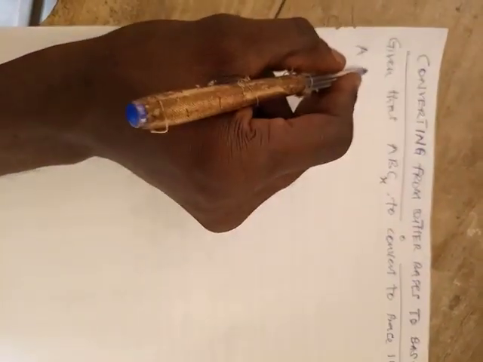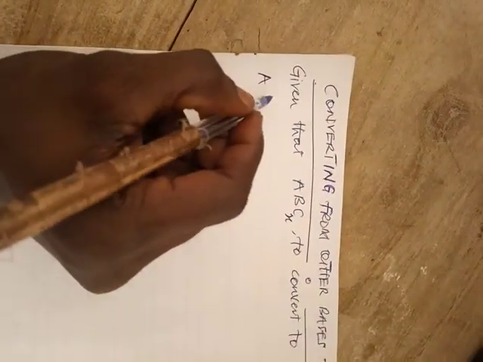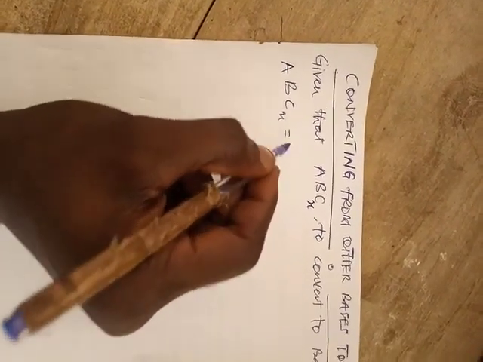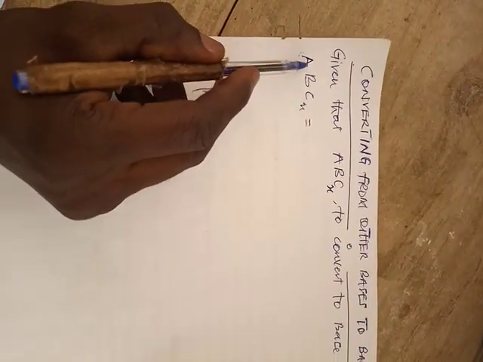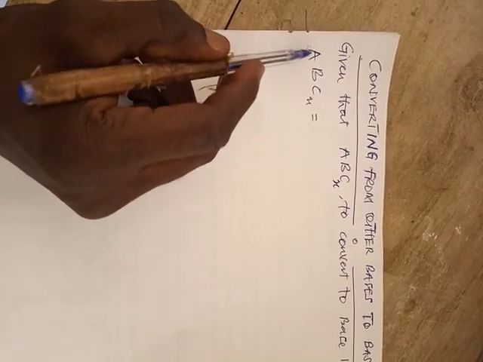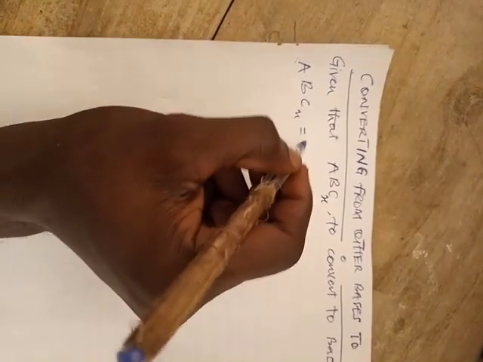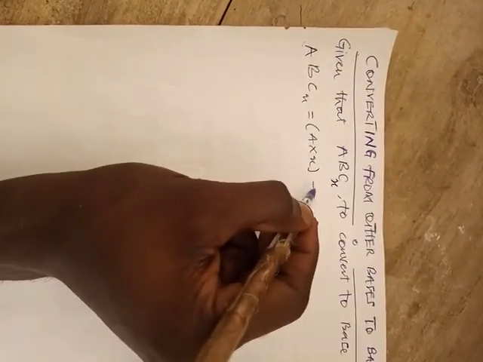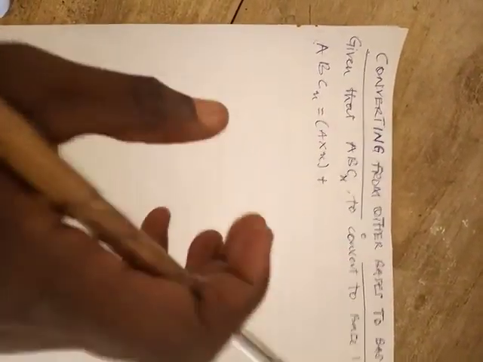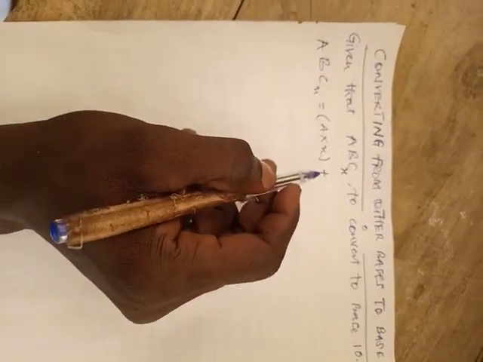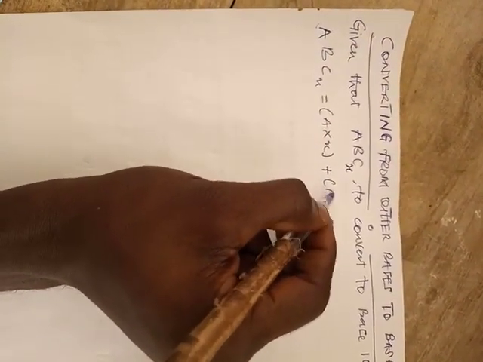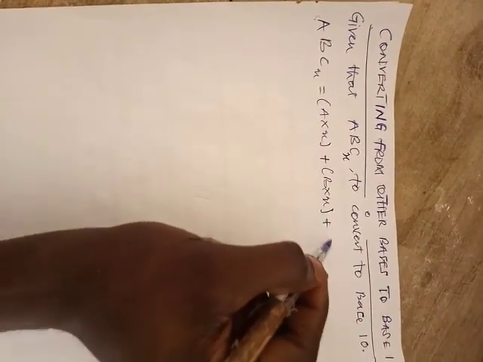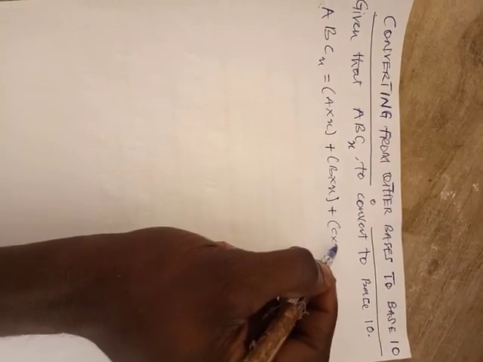So A B C base x, you are going to multiply each of these respective numbers by x. So A by x, you are going to separate each of the terms with an addition sign, plus B by x, plus C by x.